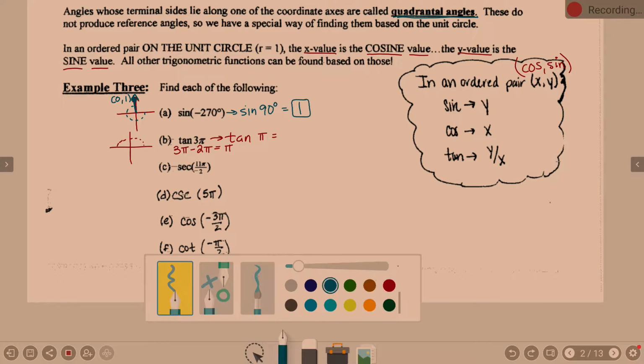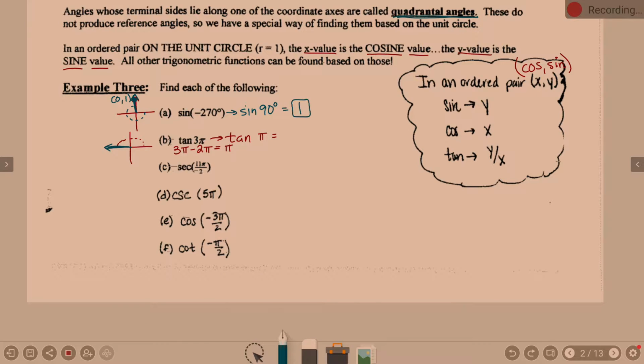So tangent of pi, what's that ordered pair I have to consider there? That ordered pair is negative 1, 0. Because think about it, if we have that point on the unit circle, it goes left 1, up or down 0. It's also on the unit circle, right? Now, what do we say about tangent? Tangent is y over x.